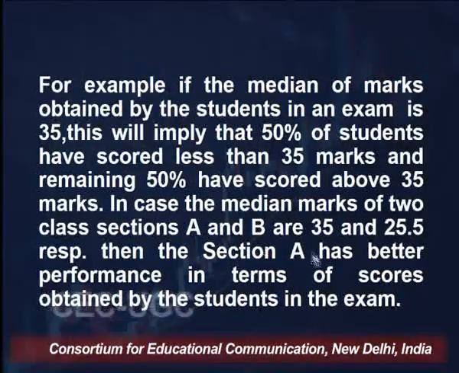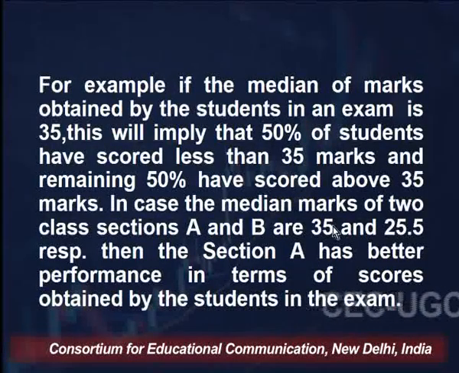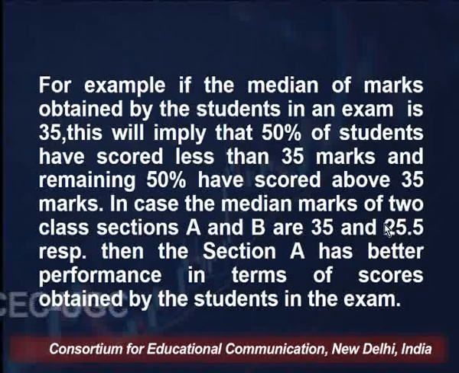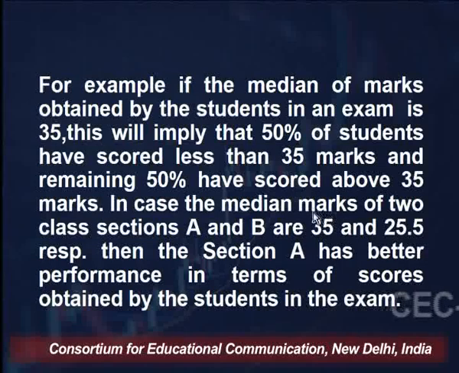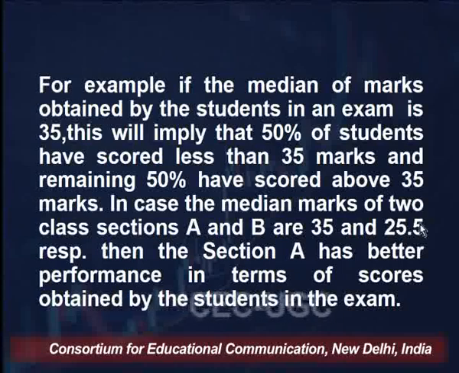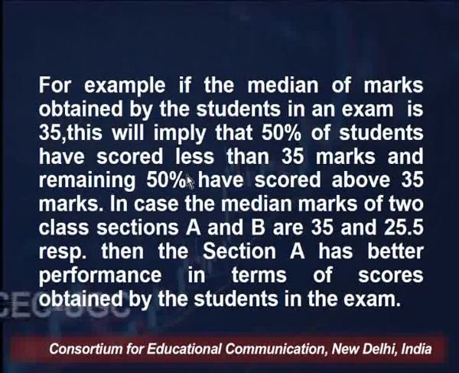In section A, 50% of students have got marks below 35 and 50% have got marks above 35. Whereas in class B, 50% have got below 25.5 and 50% have got above 25.5. So in class A, 50% of students have scored more than 35 marks, whereas in class B it is only 25.5. Therefore, in that sense, we can say that class A is definitely performing better.